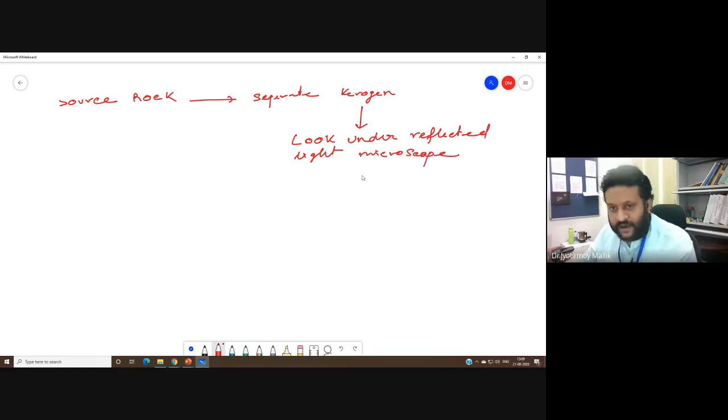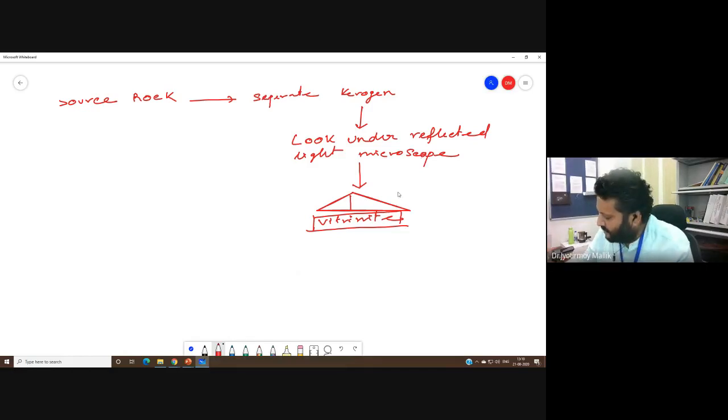And then you can find out a very specific type of component of kerogen, which we call vitrinite. What is vitrinite? We will understand more while we discuss coal. For the time being, you think that this is a part of the kerogen, a part of that organic matter, which we call vitrinite.